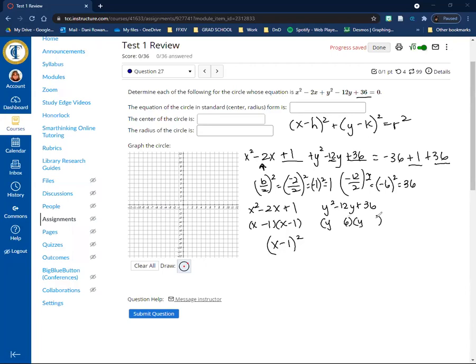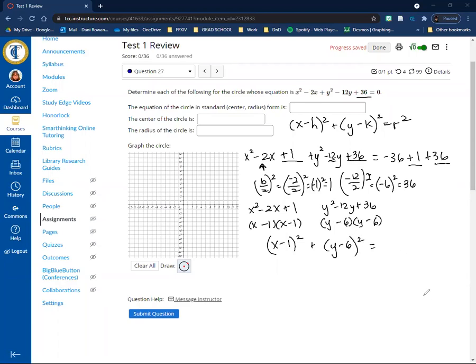Yeah, 6. Now, are they going to be positive or negative? Both negative. Okay. And again, the way that we write that, y minus 6 times y minus 6, is the same thing as y minus 6 squared.